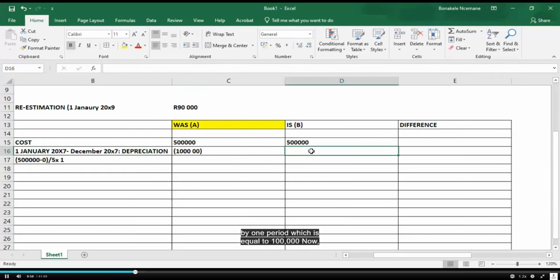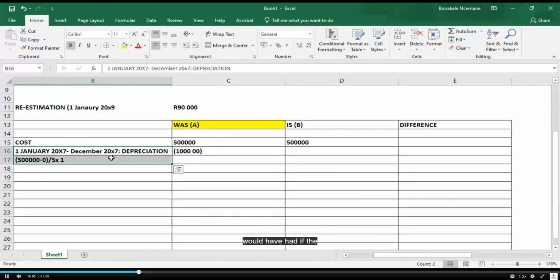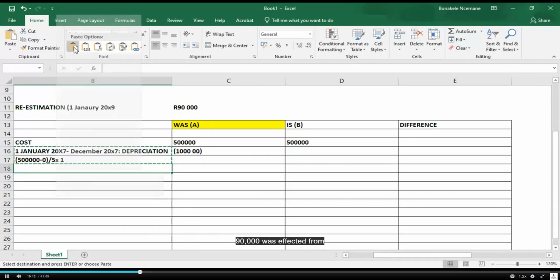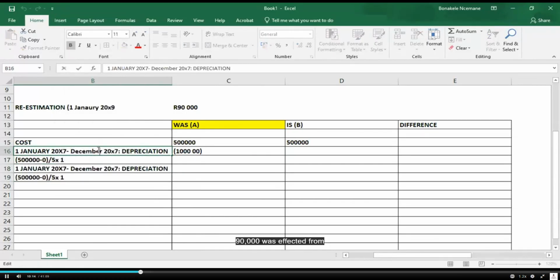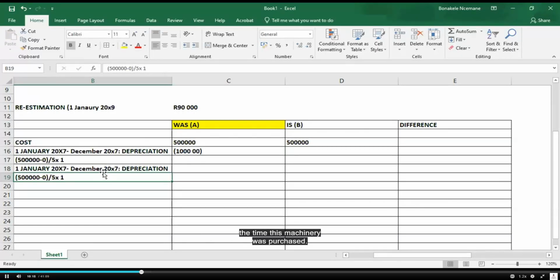Now, for the same period, had we taken into account the residual value, in other words, now we're trying to demonstrate the impact this would have had if the 90,000 was effective from the time this machinery was purchased. So instead of 500,000 minus 0, it would have been 500,000 minus 90,000.